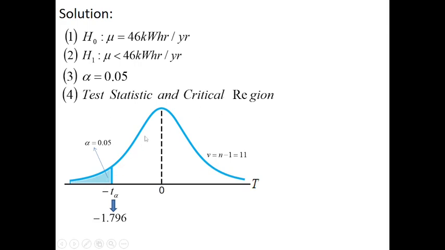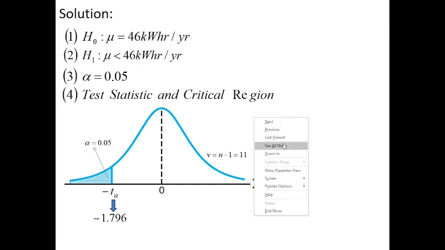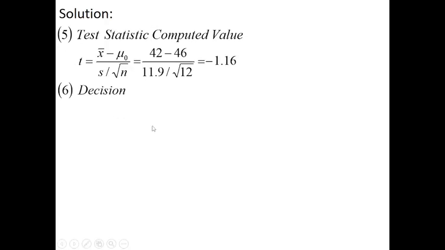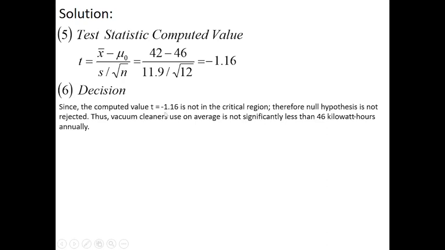If it is not in the critical region, we shall not reject the null hypothesis. Okay? Since the computed value t equals negative 1.16 is not in the critical region, therefore the null hypothesis is not rejected.